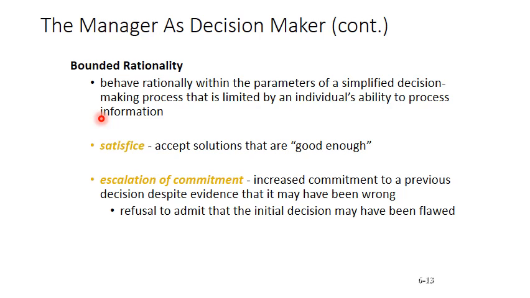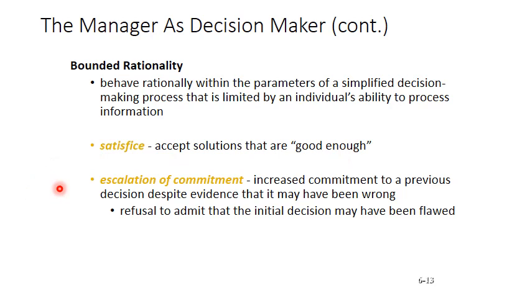For example, the time and cost constraint. We are always in a position of having limited time and a limited budget. So we cannot say that our decision will be rational. Rather, we will say it is under bounded rationality. So we take a decision that satisfices, which means we accept solutions that are good enough.